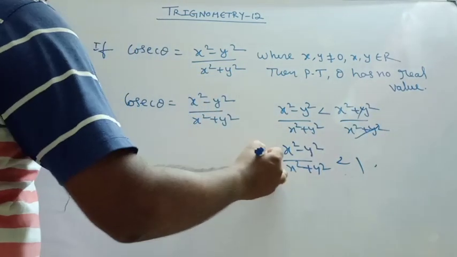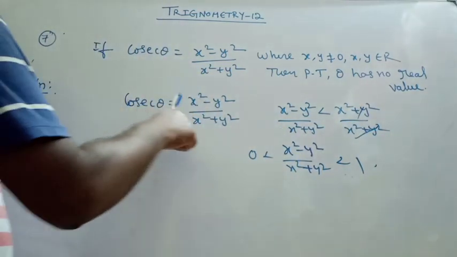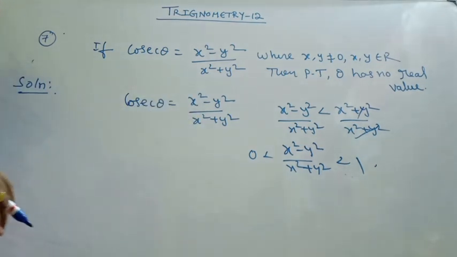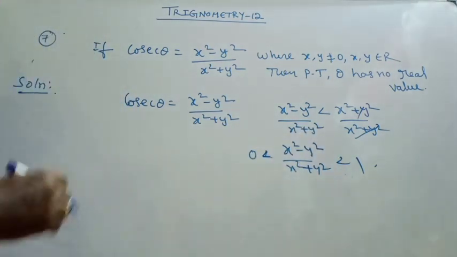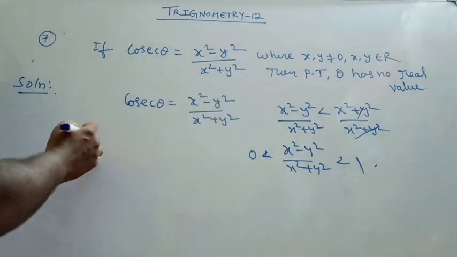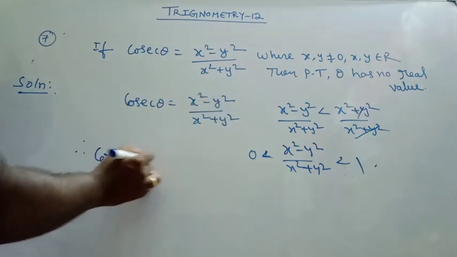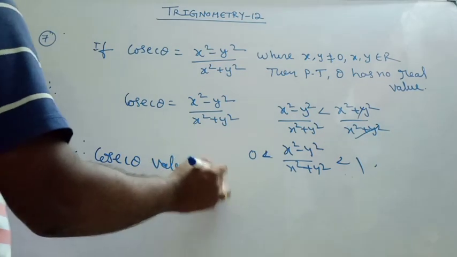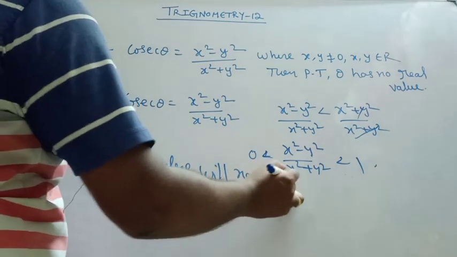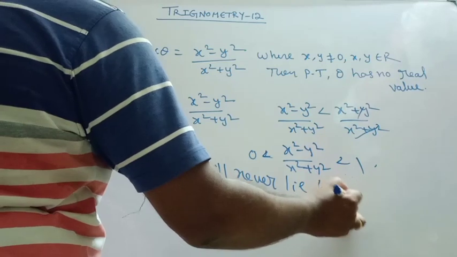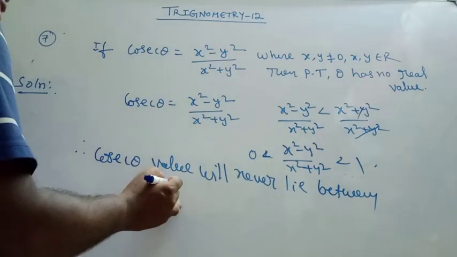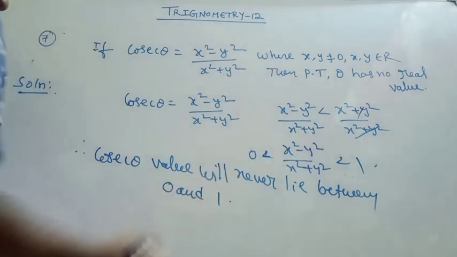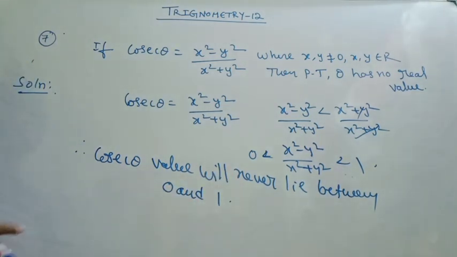Since it is a positive quantity, (x square minus y square) by (x square plus y square) is lying between 0 and 1. Once it lies between 0 and 1, you know that the cosecant theta value will never lie between 0 and 1, as you observed in its table.